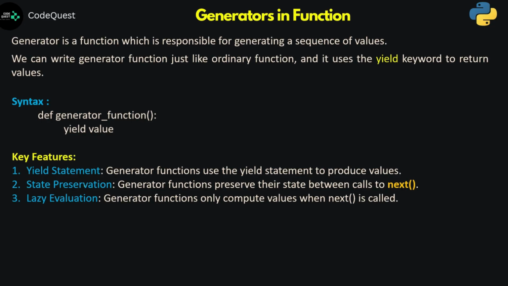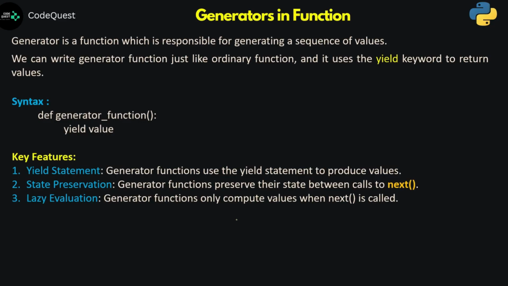The second one is state preservation. Whenever a generator function executes, it is going to keep track of a lot of values, and we can get the value that is generated out of the generator by using something called the next function. Then there is lazy evaluation. That is nothing but the generator function only calculates the values when next is called.